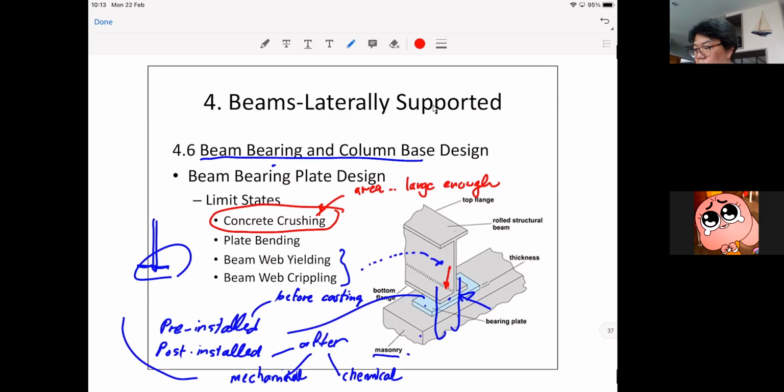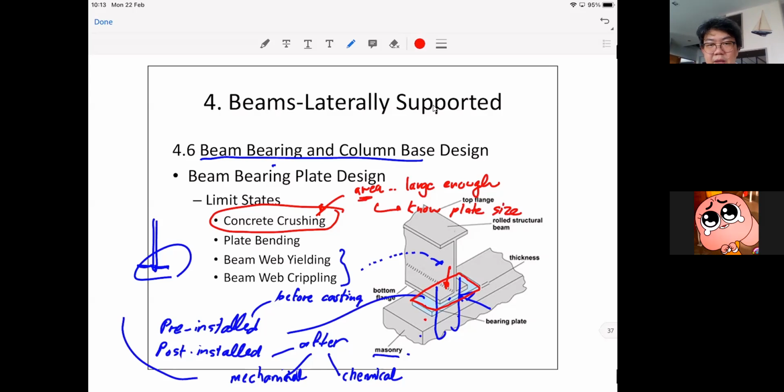And when you know the area of the concrete, that means the area of this plate. The area of the plate should be related to the area of the concrete underneath, right? So if you can prevent the concrete from crushing failure, it means that you should know the size of the plate that you need to support your beam.